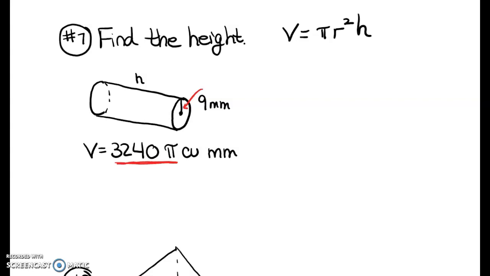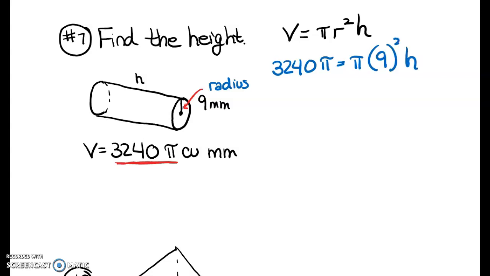I know that the volume is 3,240 pi. I know that this is my radius, right? This is my radius because it has only outlined half of the diameter. So I'm going to plug those two numbers in for volume and radius. So I get 3,240 pi equals pi times my radius squared times h.